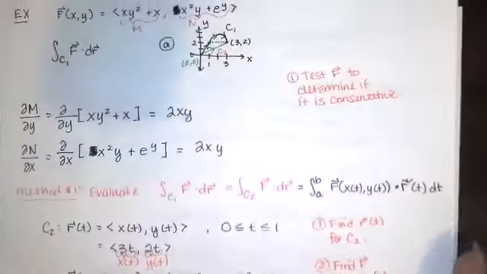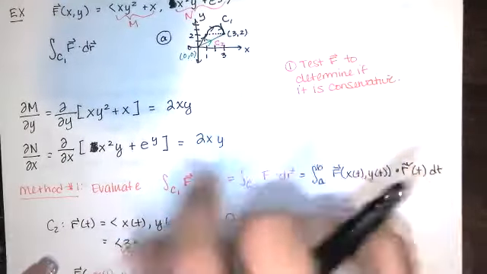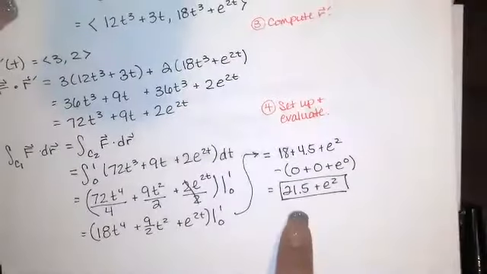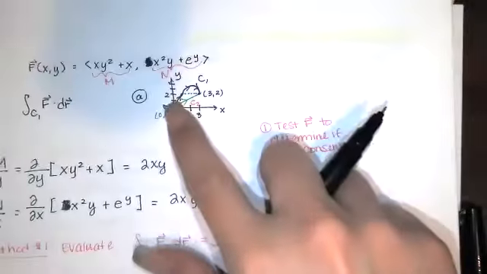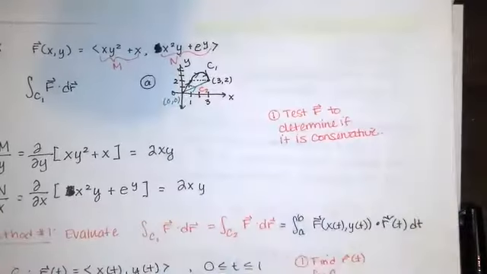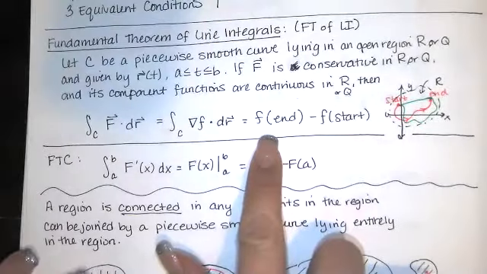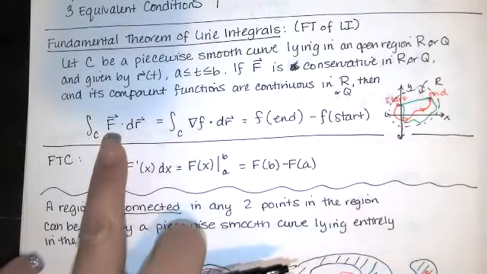Since the field is conservative, the line integral over C2 is equal to the line integral over C1, and it's equal to this. So that was one option. We could have done the line integral over C1, we would have gotten the same answer. Line integral over C2, we get this answer. Now the third option is to say, why don't we just use this? We know the field's conservative.